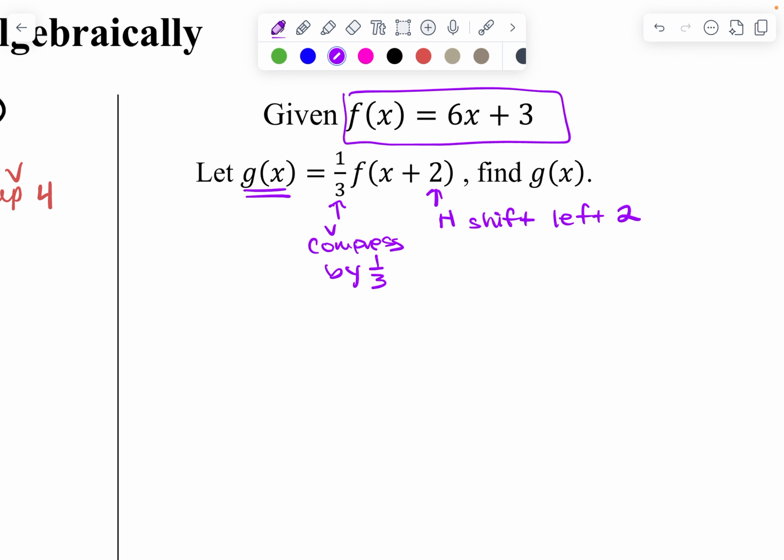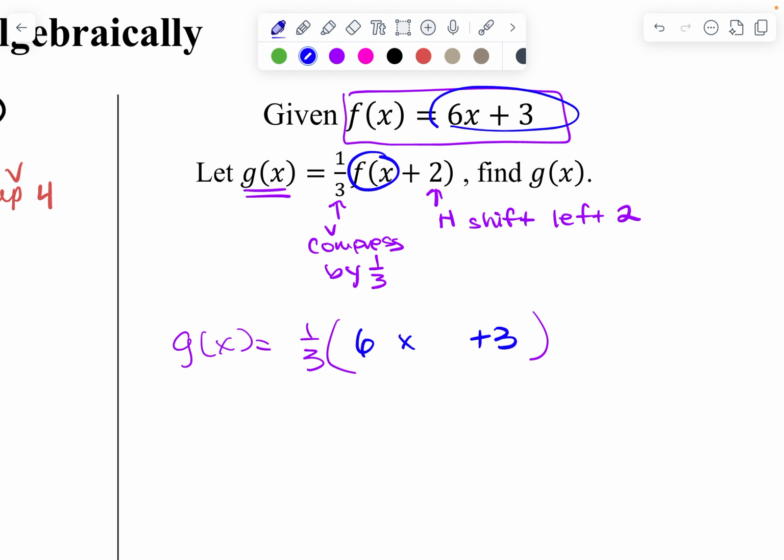But if I want to do this algebraically, I'm going to say g of x equals 1/3 of f of x. Well, f of x is just 6x plus 3, okay? But remember, this part here says, hey, we want x to actually be x plus 2. So instead of x, I'm going to replace it with this x plus 2.